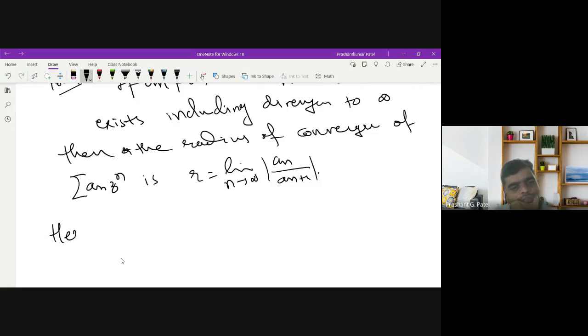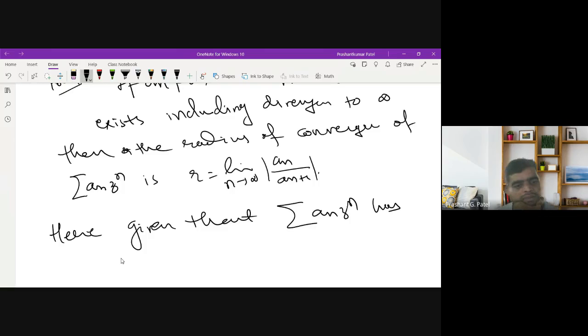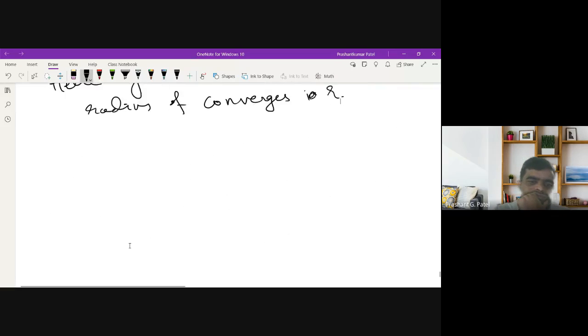Here, given that the summation a_n z raised to n has radius of convergence R, therefore the value of R will be the limit as n tends to infinity of mod of a_n upon a_(n+1).